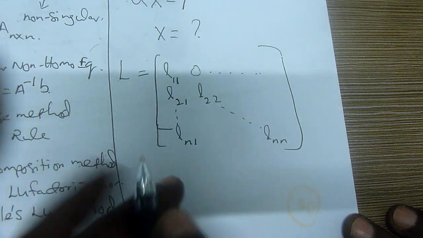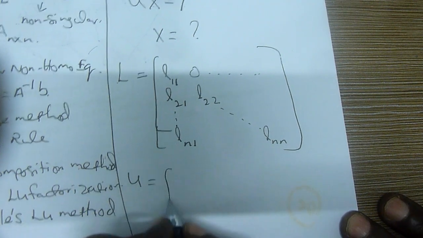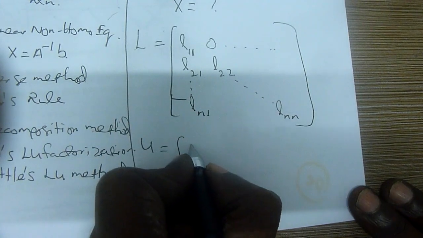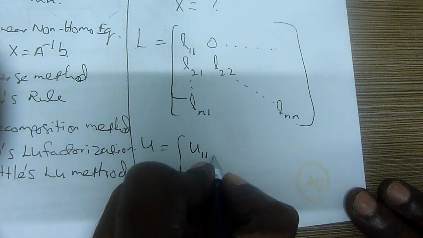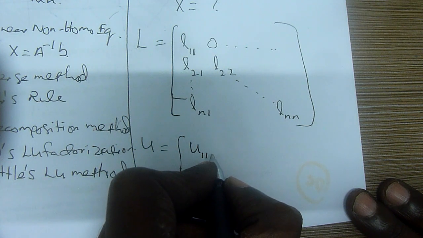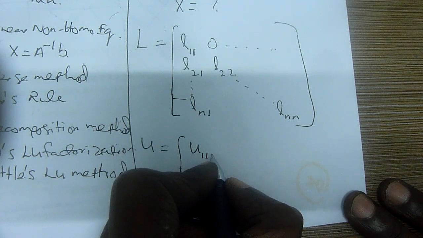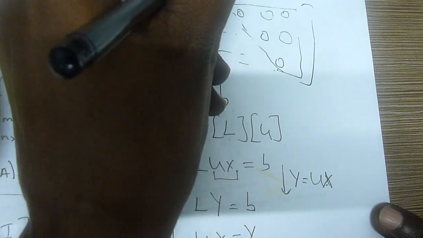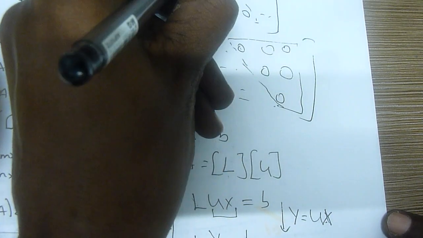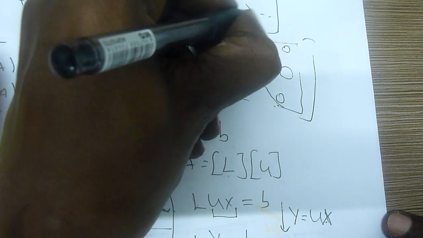Then similarly for the upper triangulation, we will write in a similar way, U11. Oh, just now I put the top one, I missed something. This one is something wrong. I need to write first, then after that come down, but let's say it's upper. Maybe I should go one more step. Here there will be a sum, then only it can go up to here, then it comes down.